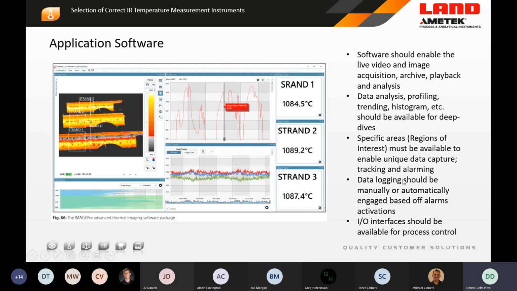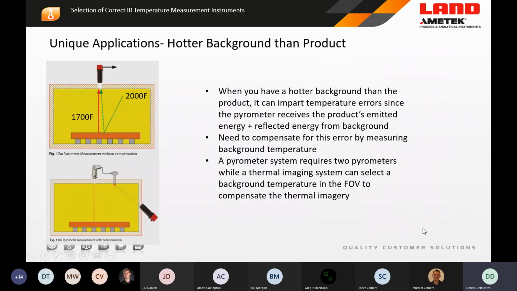Data logging, of course, is important, and can be manually or automatically engaged off of alarm activations, or you can just data log on a continuous basis. And you have to have I/O interface to the software, whether that's Ethernet modules or Modbus or other SDKs. There are other forms of communication for process control.